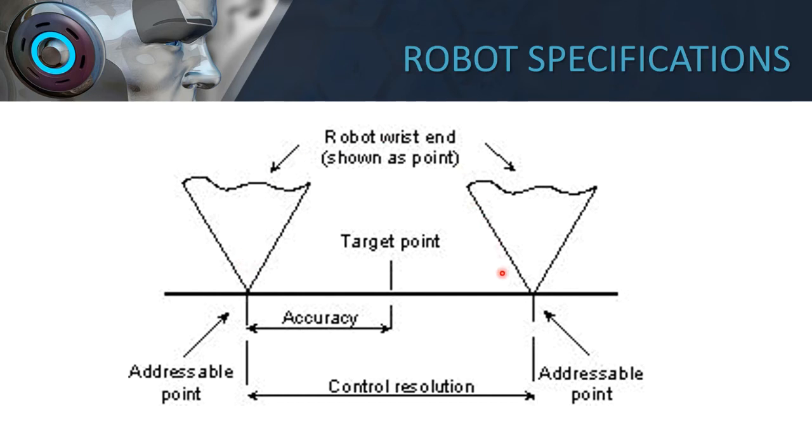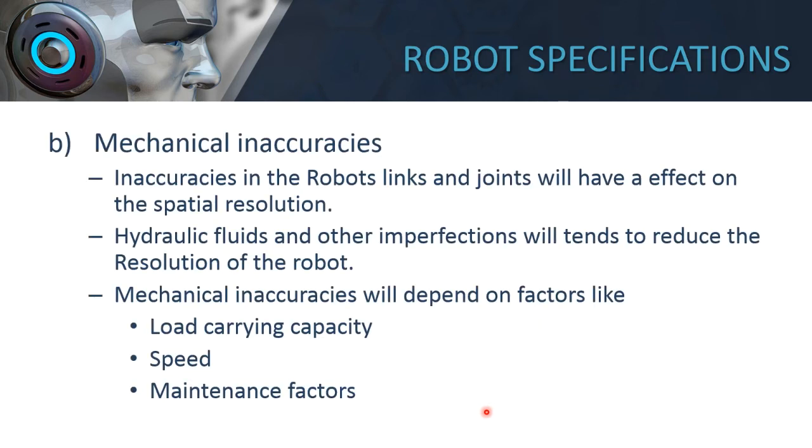The distance from one point to the other is covered by the control resolution, and this distance has to be divided into the smallest possible increments. That is how you get more accuracy. And how does that division take place? It takes place with the help of the bit storage capacity, by calculating R = S / 2^n. That will give you the control resolution.